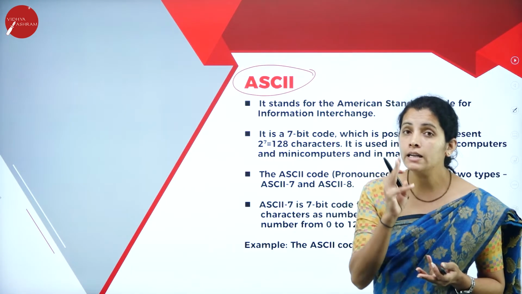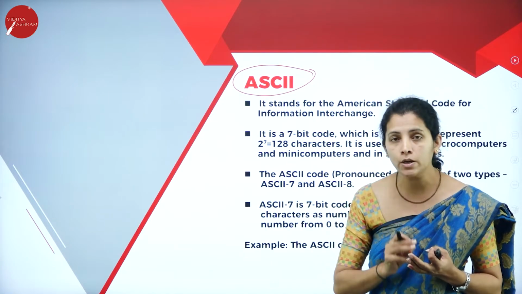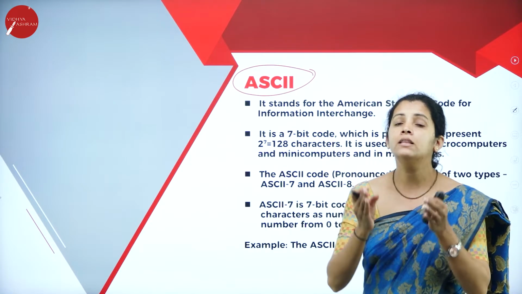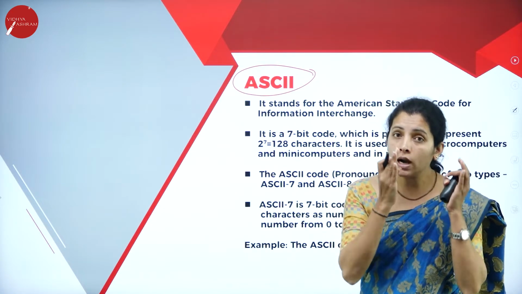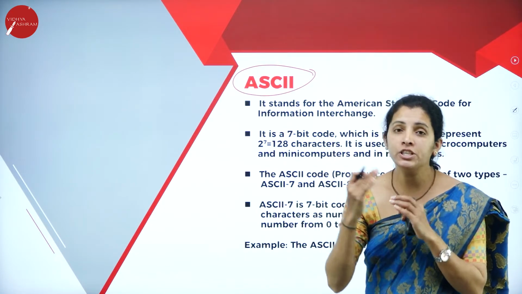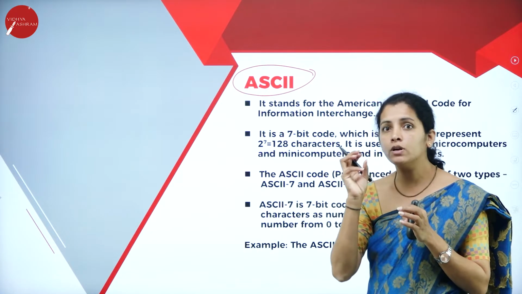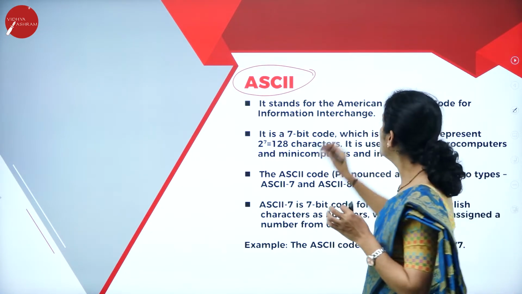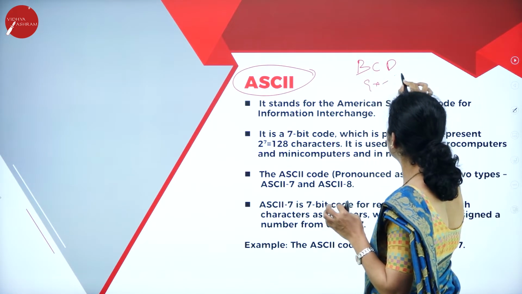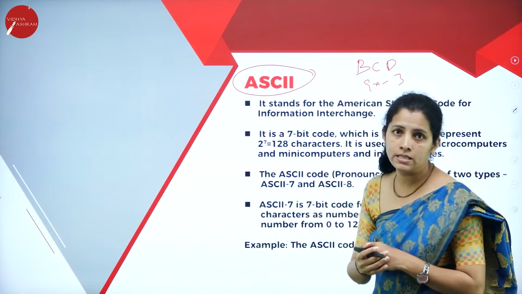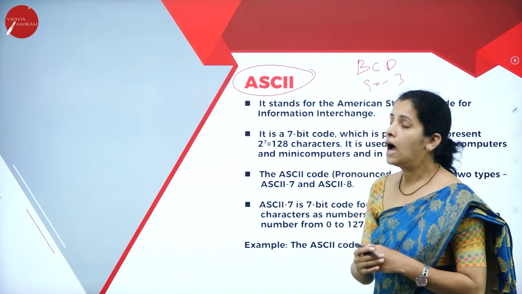Here computer understands only machine code, that is nothing but binary code. Now whatever data or character we have, we want to convert that to a machine understandable form. For that we have computer codes. In computer codes we have BCD, Xs3, then extended BCD. Along with that we have ASCII.